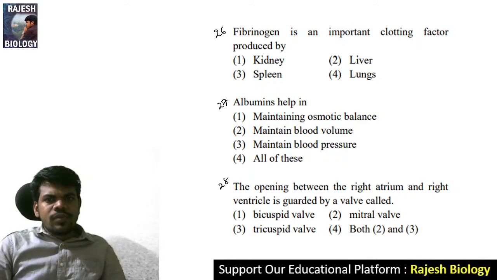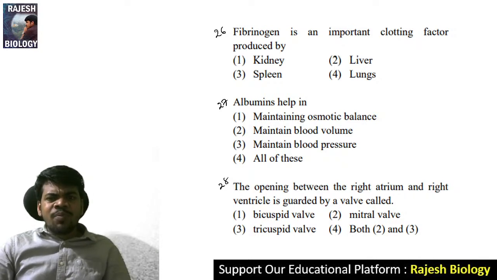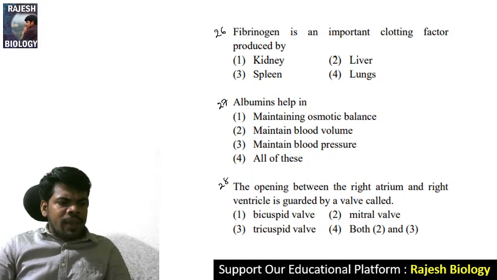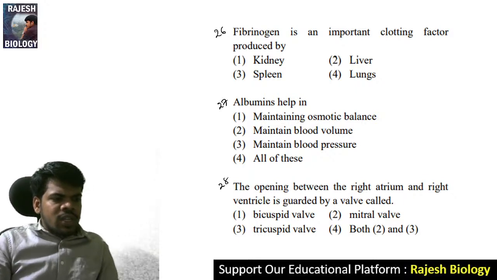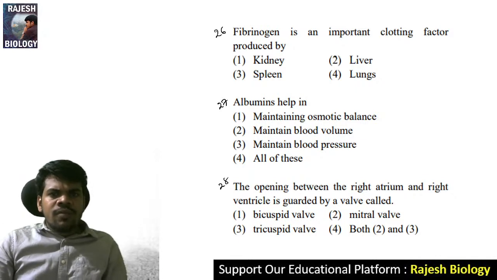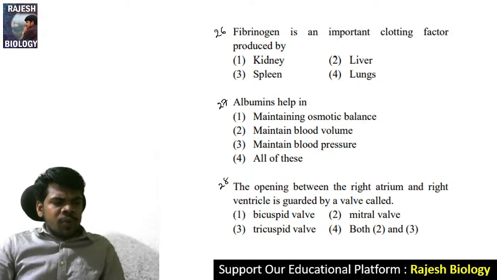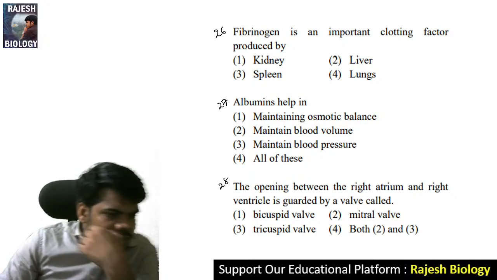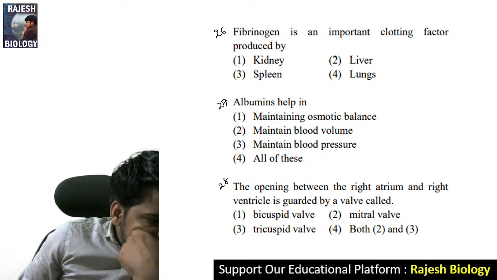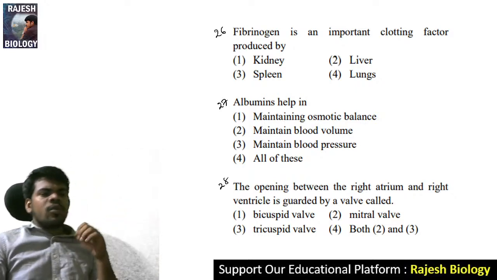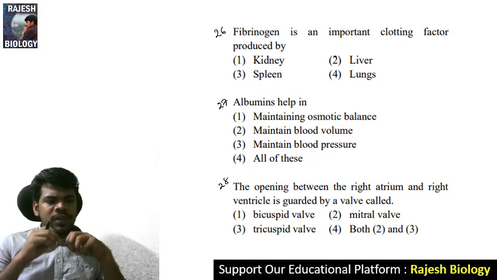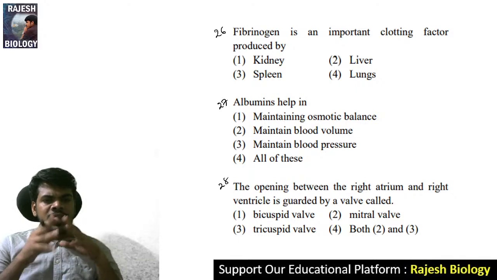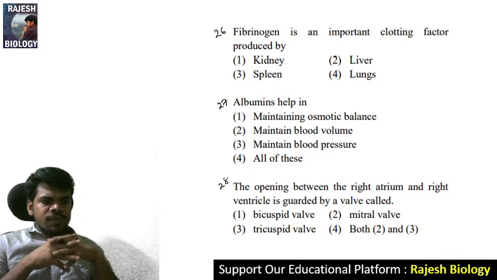26. Fibrinogen is an important clotting factor produced by. Yes, perfect. 25-1. Jnaneshwari and Chinnu, right? Fibrinogen is an important clotting factor produced by. Kaligiri, okay. Which district, which state, Andhra, Telangana, Karnataka, Kerala? Because I didn't hear that.